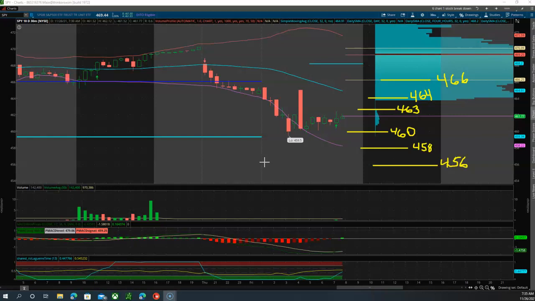And the way we use that, these are the areas that we watch our indicators and internals the hardest to see if we have some type of divergence, which will let us know that it's a possible reversal happening at that reaction area, or convergence, letting us know whether we're going to continue through that area.